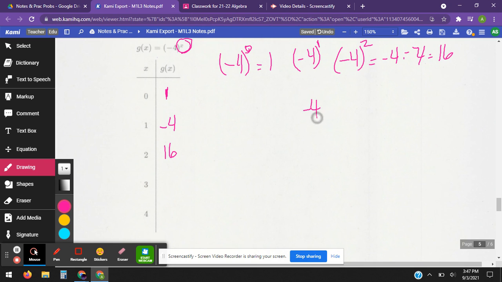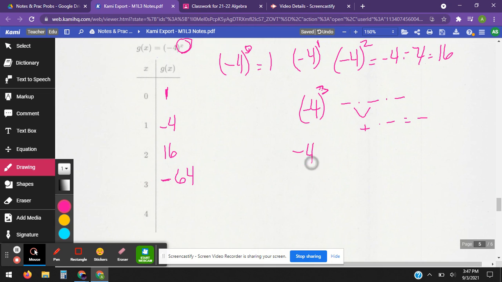Okay, negative 4 to the third power means it's going to be negative times a negative times a negative, which these two would make a positive, times a negative would give me a negative answer. So 16 times 4, think for a second, is negative 64.